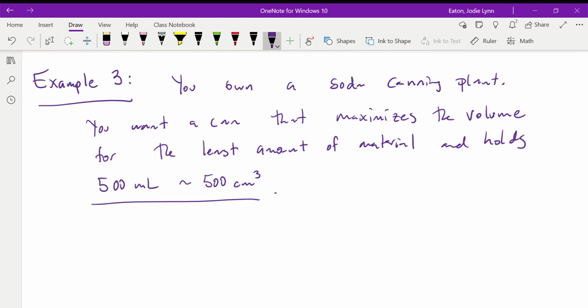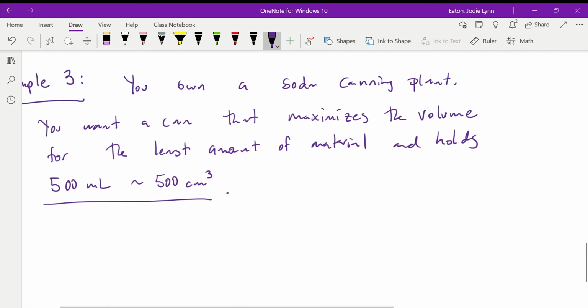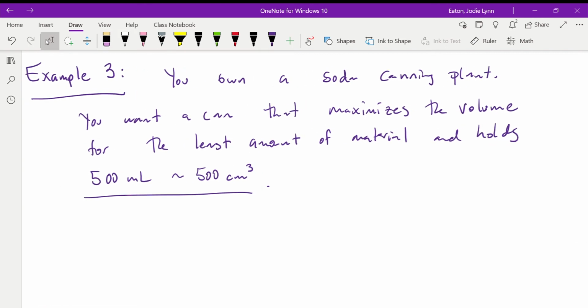So what we're really going to be trying to do is not maximize the volume, but minimize the surface area. So let's write down a couple of relevant equations. We know that a can is called a cylinder. So we have a can, looks like this, and we're going to assume it is a perfect cylinder, which we know soda cans are not. And they have a radius and a height.